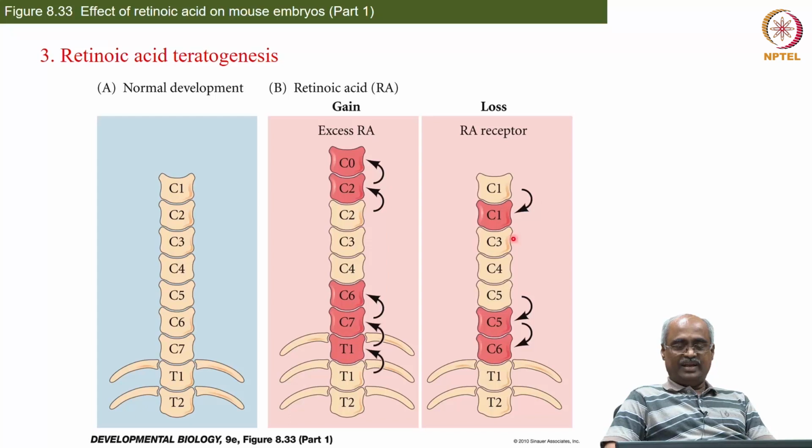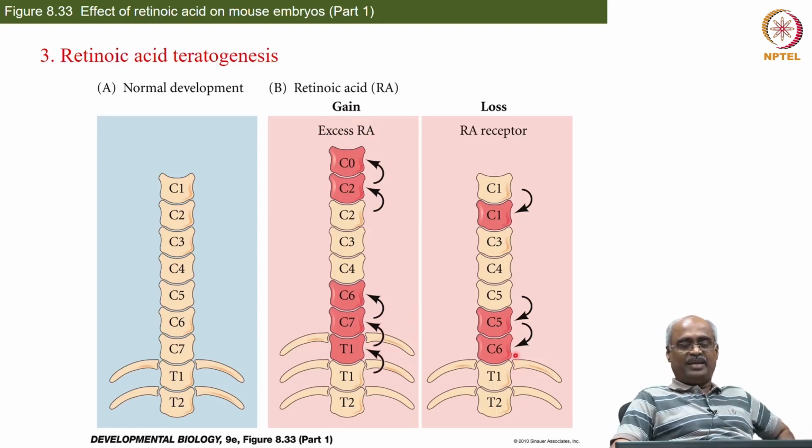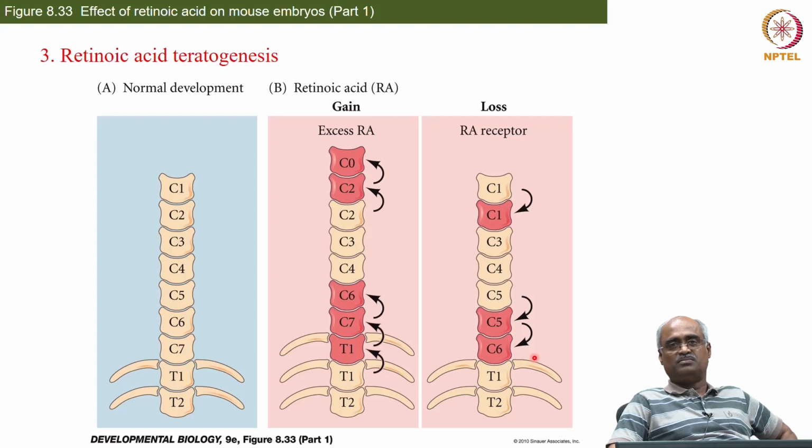On the other hand, if you deplete the retinoic acid, then you have the opposite trend. C2 becomes C1, and similarly here at this junction you will see T1 becoming C6, and therefore it is cervical and does not form the ribs.